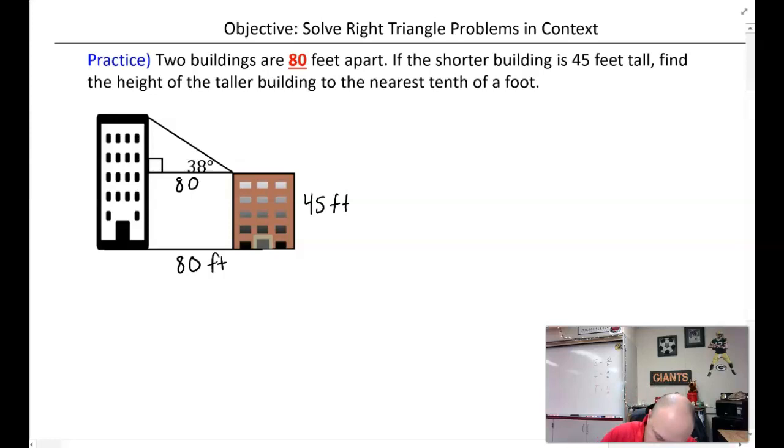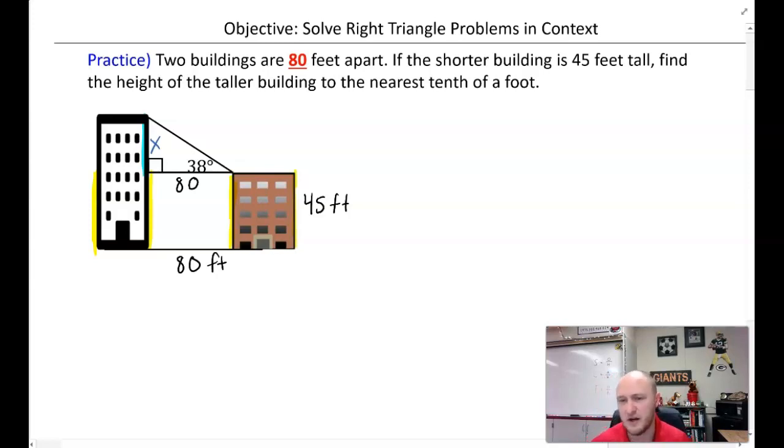Well, if this distance here is 45, that's the height of this building, then this distance is 45 and this distance is 45. So really what I need to find is what's the distance from the top of the building to there? And that's the side opposite.